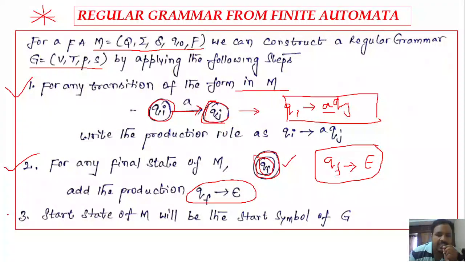And the last one: the start state of M will be the start symbol of your grammar. Whatever the start state in the finite automata is, that start state will become the start symbol of the grammar. So these are the three rules, and from them we can write the regular grammar from the given finite automata.